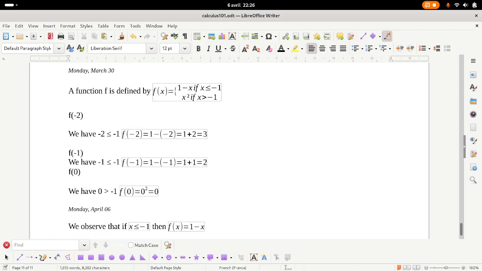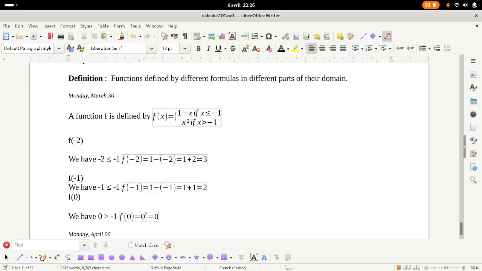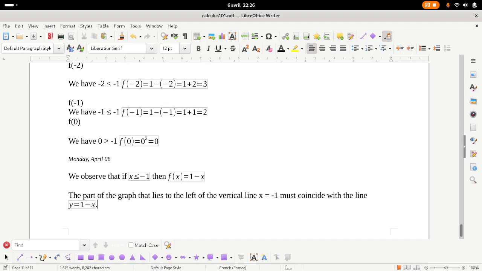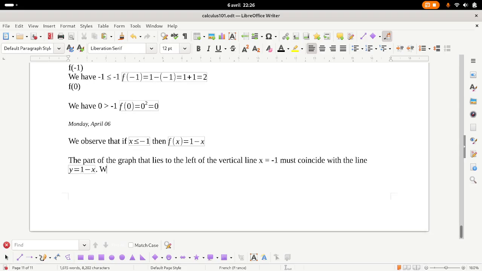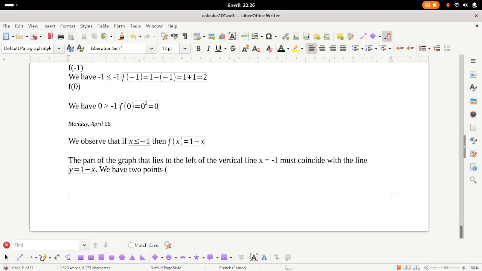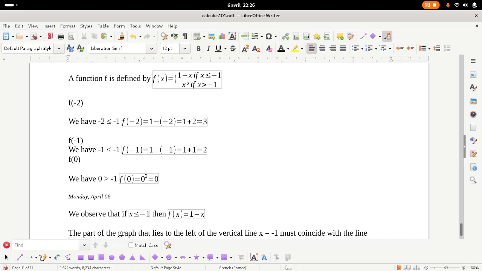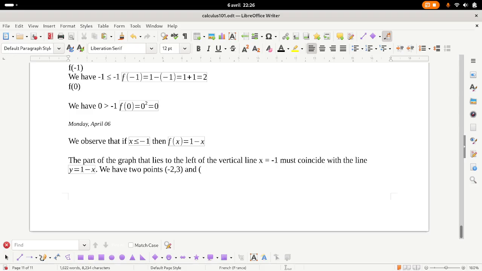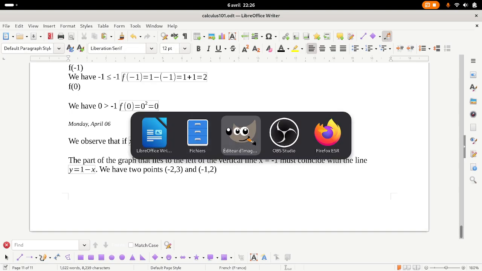I have 2 points of this graph. The point -2, 3, and the point -1, which is equal to 2. Okay, up.